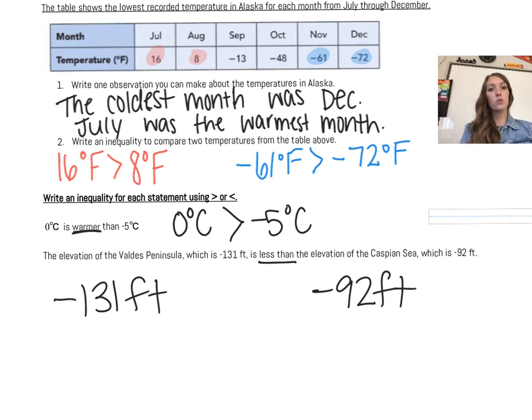Negative 131 is less than negative 92, so I'm just going to input my less than symbol to show that that statement is true. Negative 131 is less than negative 92. It is more negative or lower than negative 92 feet.